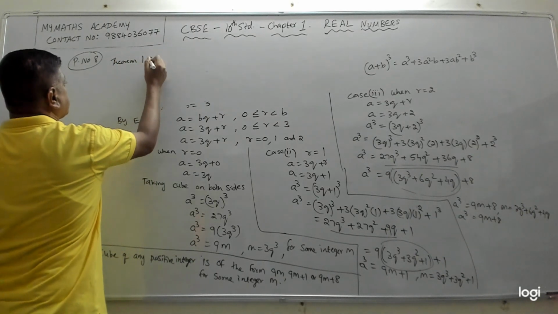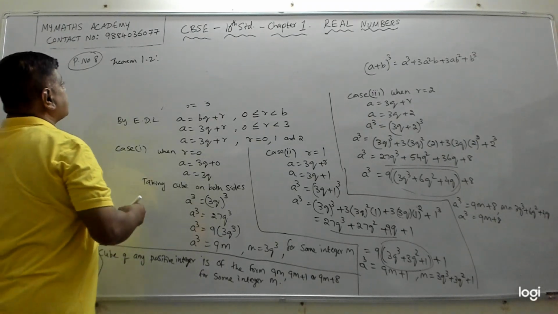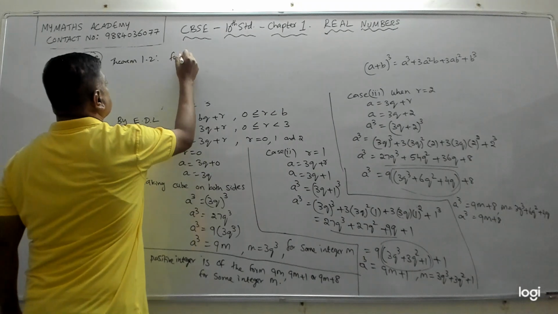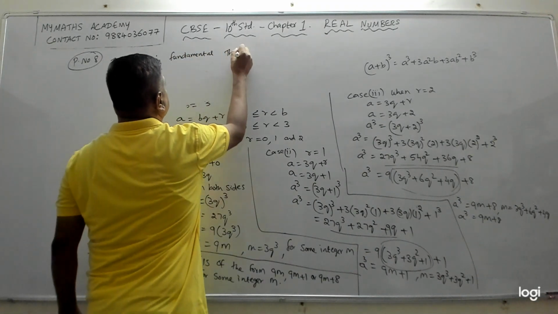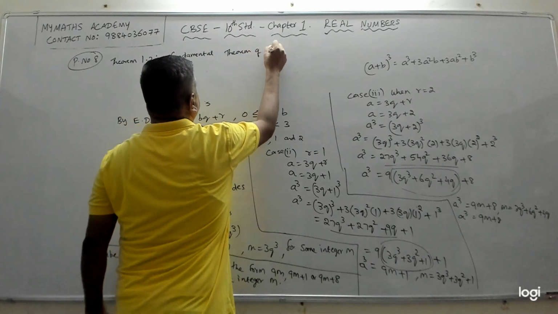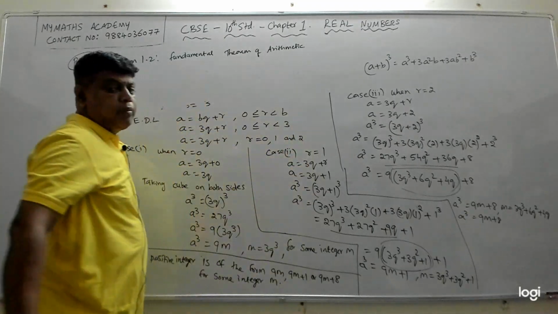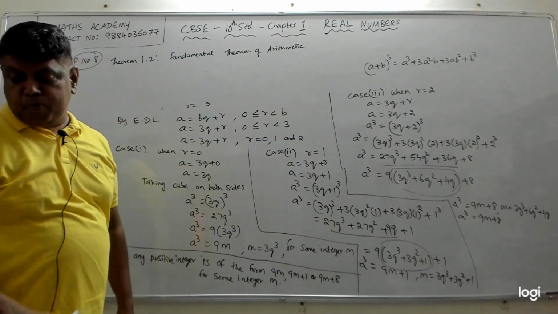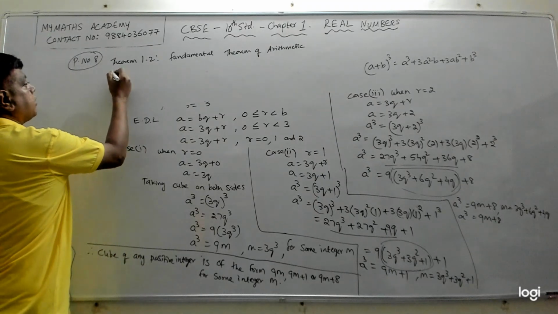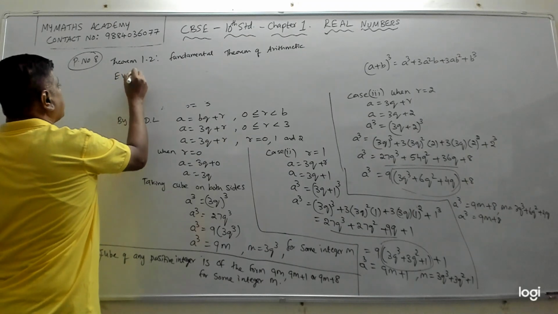So what it states is, that is called the fundamental theorem of arithmetic. Fundamental theorem of arithmetic. So what this theorem states is, every composite number.